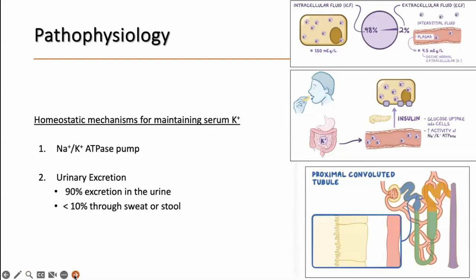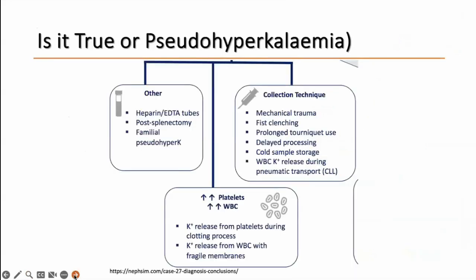You can go next. So the next important thing is to be able to differentiate between a true hyperkalemia, or a pseudo hyperkalemia. So your pseudo hyperkalemia is most likely related to how your blood sample is drawn, how it's stored, and how long it takes to be processed.